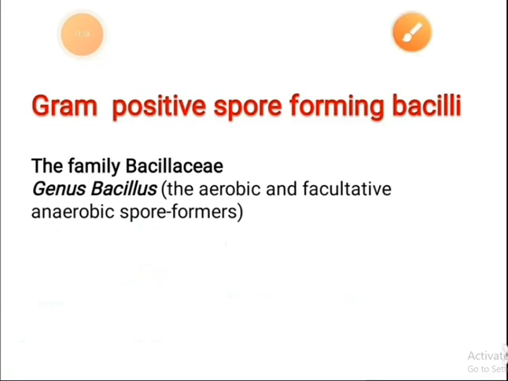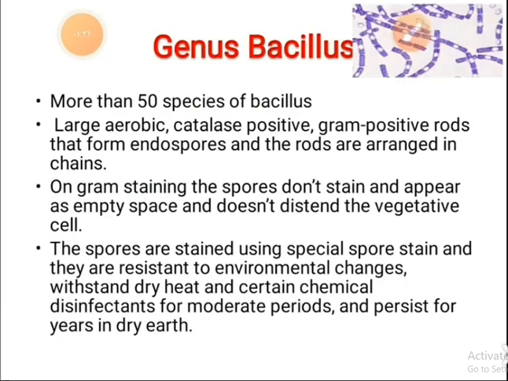So, in this lecture, we will talk about the family Bacilli, genus Bacillus, which are aerobic and facultative anaerobic spore-forming gram-positive bacilli. The genus Bacillus comprises more than 50 species of spore-forming gram-positive bacilli.